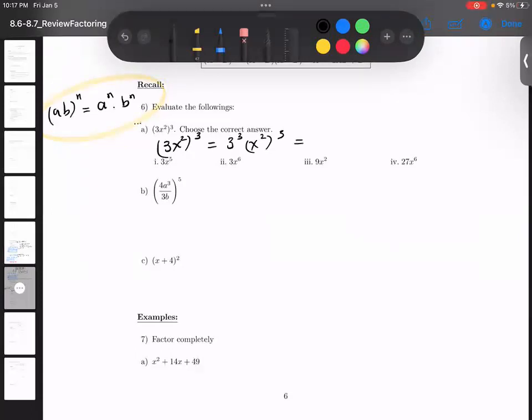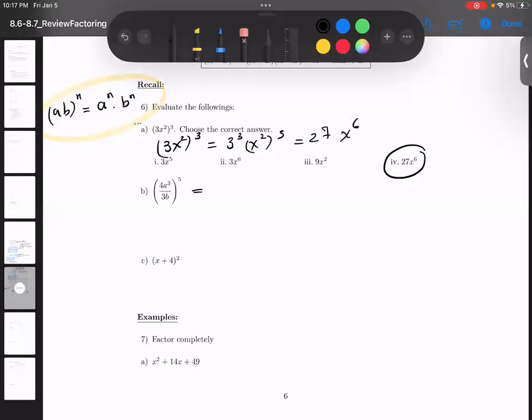Simplify this: 3 cubed is 27, x squared cubed is x to the 6, not x to the 5th, right? Because x squared, how many copies of x squared? 3 copies, right? X squared times x squared times x squared. Each x squared is 2 copies, so that'll be 6 copies, right? So x to the 6. So that'll be the answer.